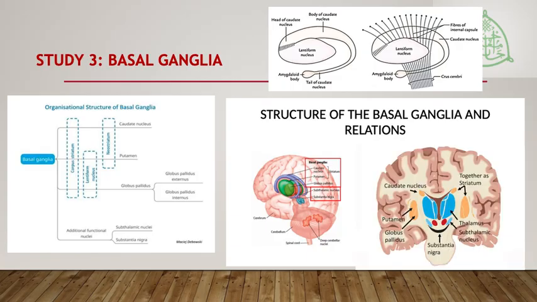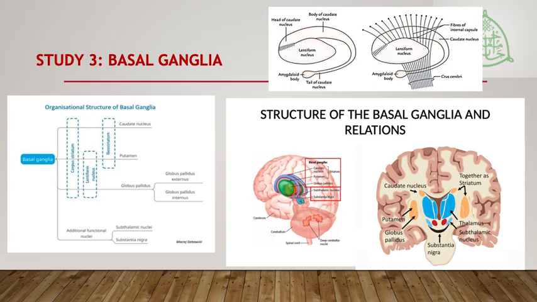Still giving us different orientations of the structures we just saw. The image on the right-hand side, at the bottom, gives you a coronal section through the brain, and you can see on the lateral aspect the putamen and globus pallidus, which form the lentiform. On the top, in orange, is the caudate nucleus, located on top of the thalamus.